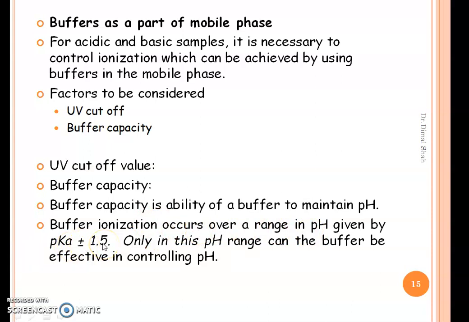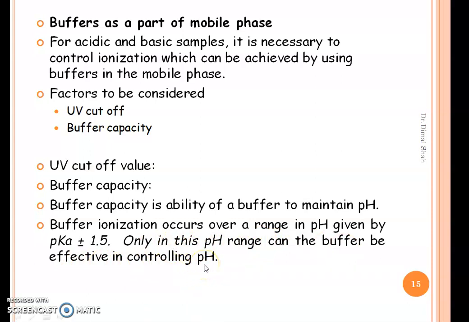For example, if a buffer has a pK value of 4.5, then below pH 3 and above pH 6 there are chances of ionization of the buffer. So between pH 3 and 6, the buffer can effectively control the pH.